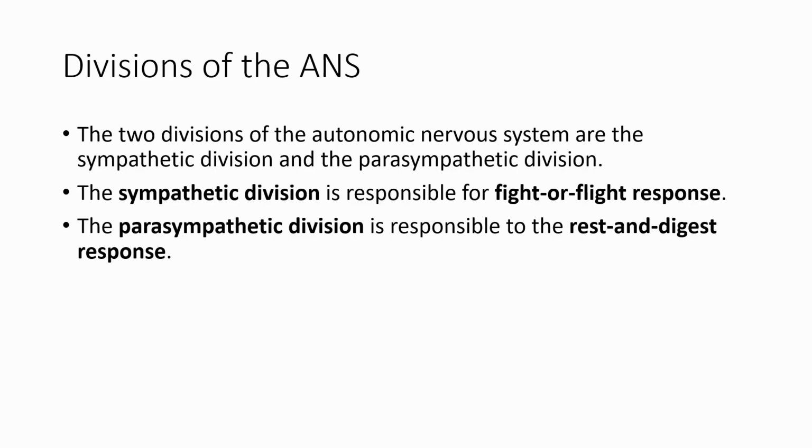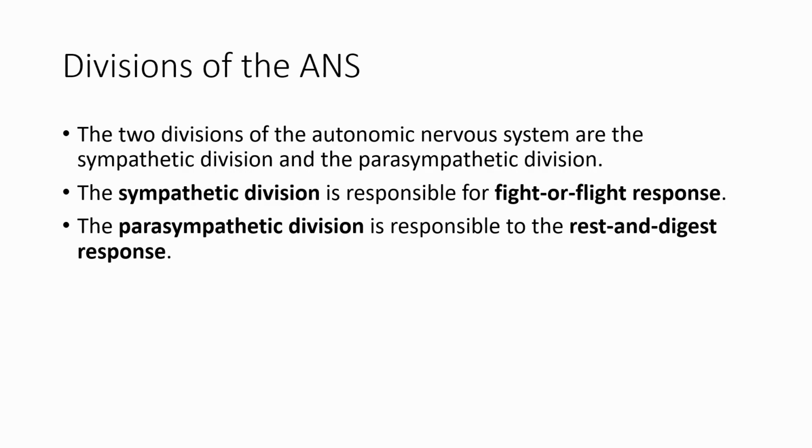So there's two sides to the autonomic nervous system, the sympathetic division and the parasympathetic division. You may have heard of those terms possibly before. More than likely you've heard at least about the sympathetic division, and if you haven't heard these terms yet, you've probably heard the other phrases associated with these divisions, and that is fight or flight and rest and digest, right?